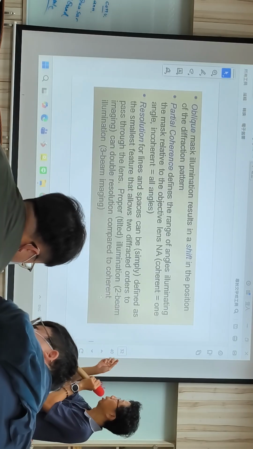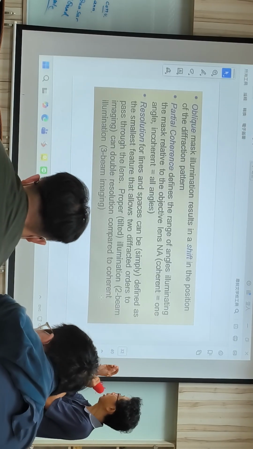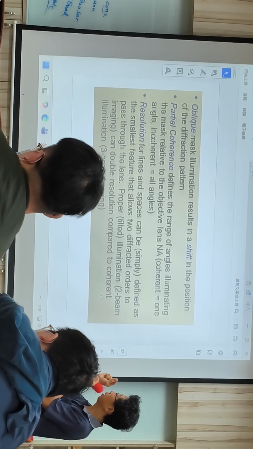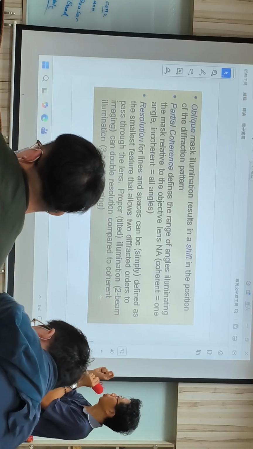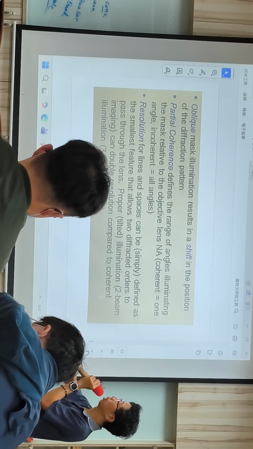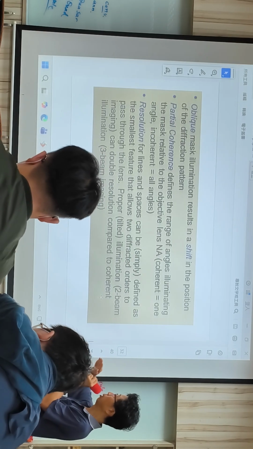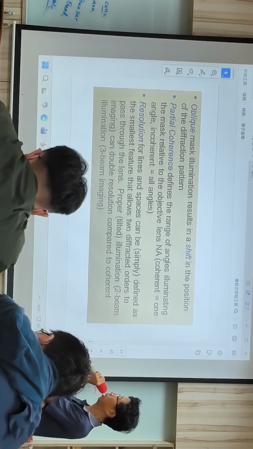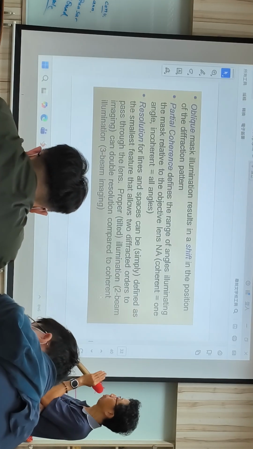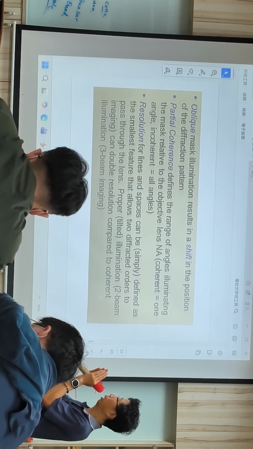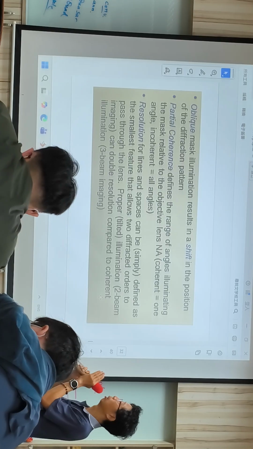Coherent means a 0 point, sigma is 0, like a point source. And incoherent is larger, from 0 to 90 degrees. But partial coherent is in an angle range.